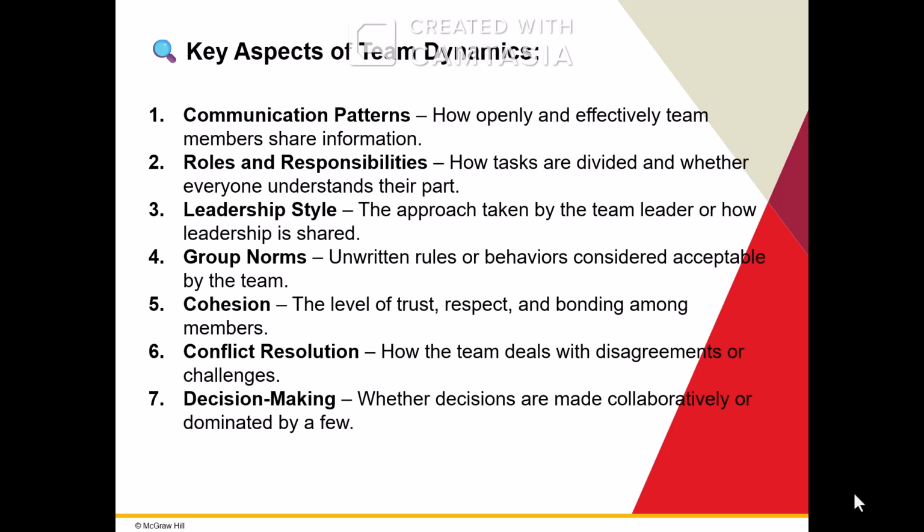Group norms, unwritten rules or behaviors considered acceptable by the team. Cohesion, the level of trust, respect, and bonding among members. And then conflict resolution, how the team deals with disagreements or challenges. Then, last but not least, decision making, whether decisions are made collaboratively or dominated by a few.